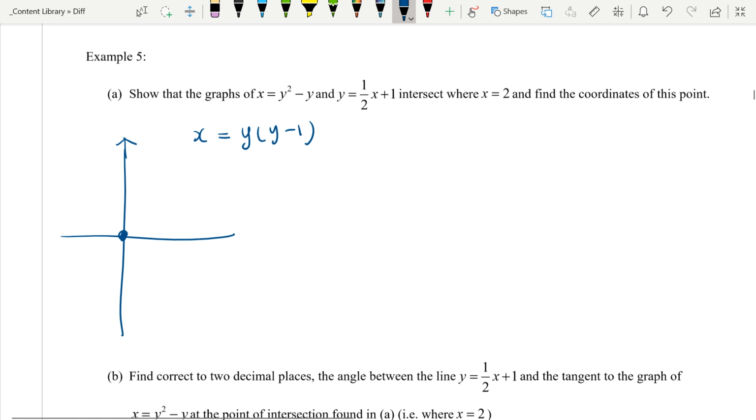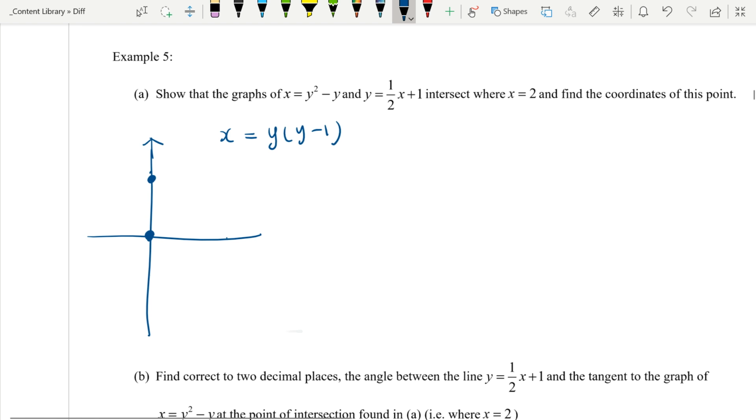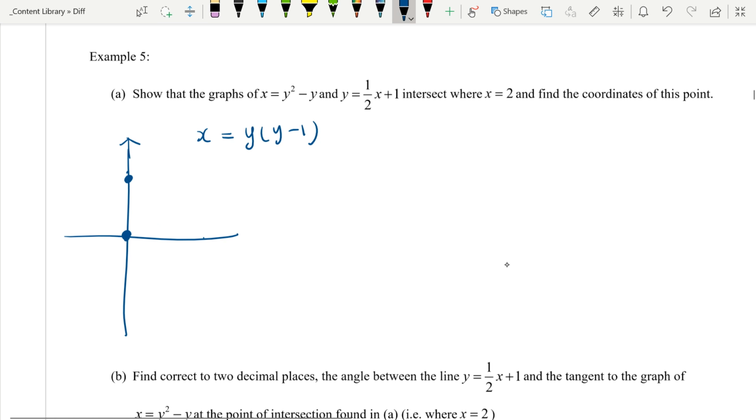Just sketch it on your graph. Try to think about the shape of the graph. If you finish, you can have a look.